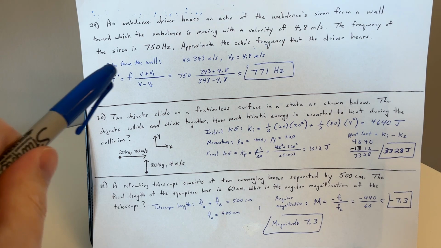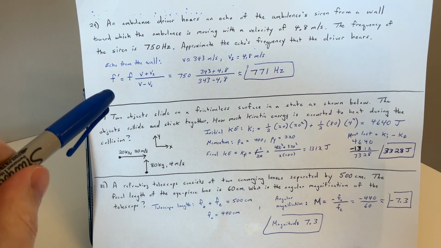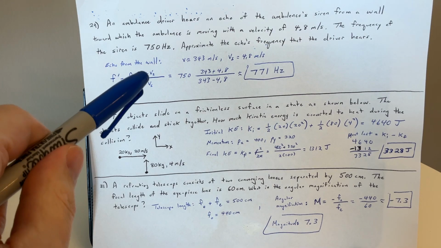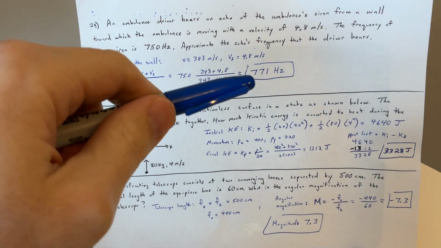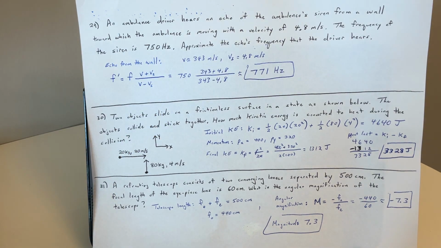So the echo is coming from the wall. F prime we're going to use is equal to F times (V plus V sub S) over (V minus V sub S). Okay, so our V is 343 meters per second, and our V sub S is 4.8 meters per second.